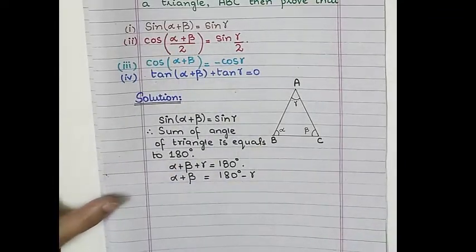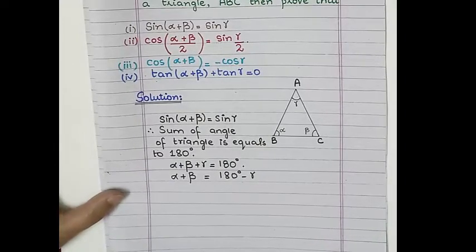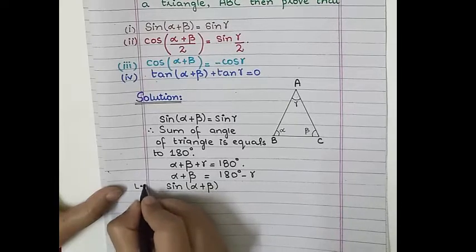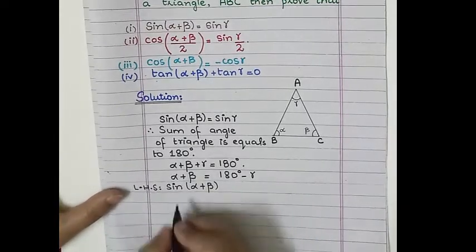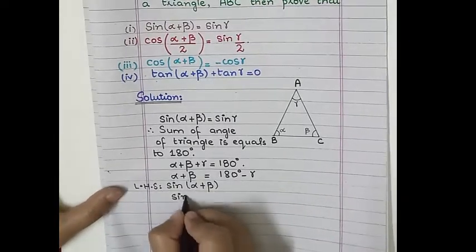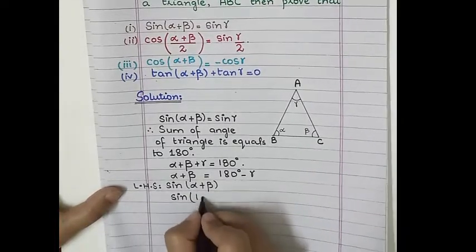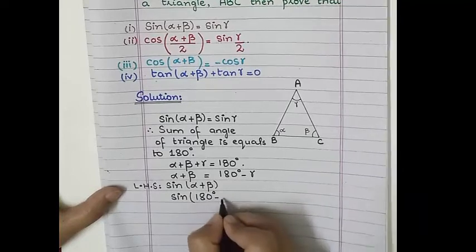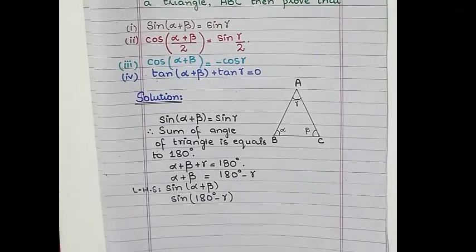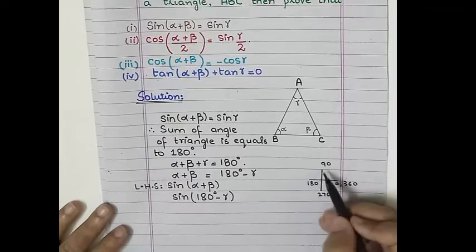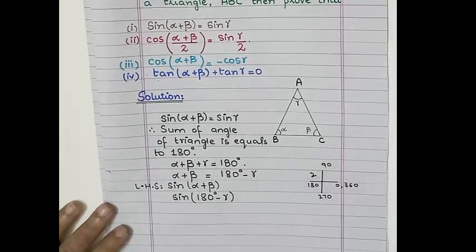Now taking the left hand side, we have sine of alpha plus beta. Putting the value of alpha plus beta, which is 180 degrees minus gamma, so this is sine of 180 minus gamma. It means the second quadrant.